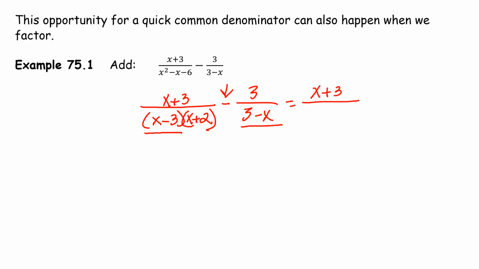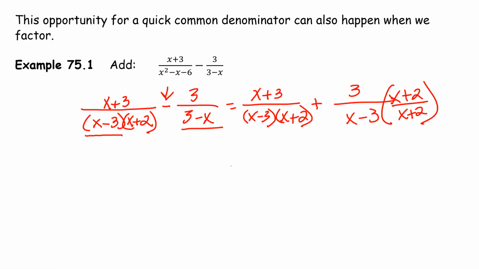So x plus 3 over x minus 3 times x plus 2 plus 3 over the opposite of 3 minus x, which is x minus 3. So now to get a common denominator, all we need to do is multiply that second fraction by x plus 2 over x plus 2. And when we do that, we will have a common denominator.